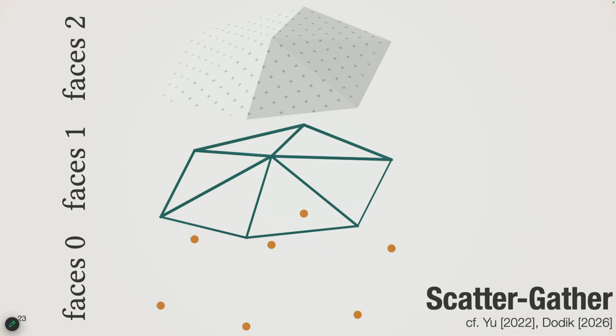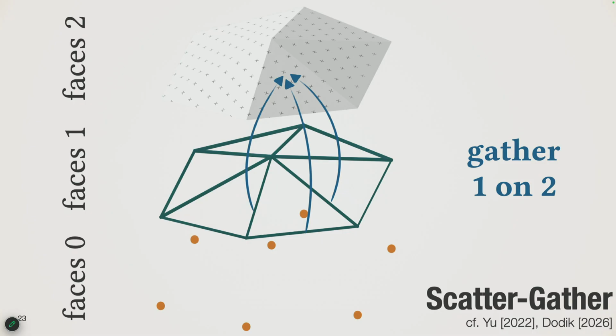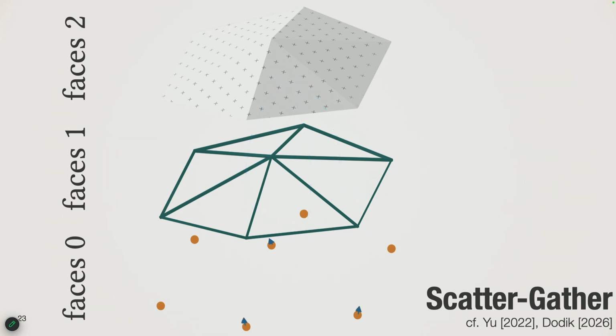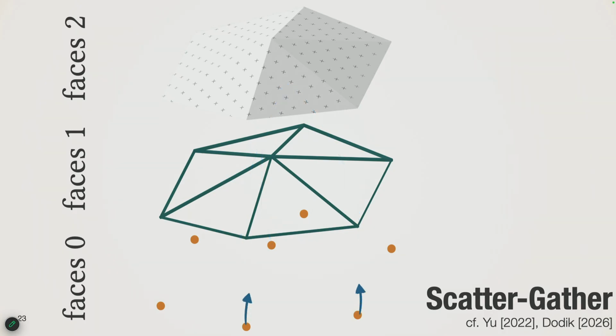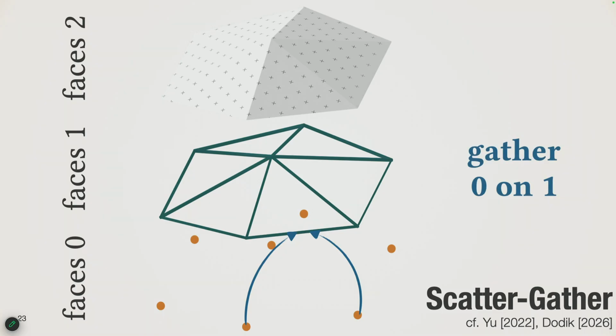And so in this case, to move data up the hierarchy, each face can collect data that's living on its subfaces. So in this context, we say that the triangle is gathering all of the data living on all of the edges that constitute it. Similarly, a face can gather all of the data on all of its vertices, and an edge can gather the data from its constituent vertices.